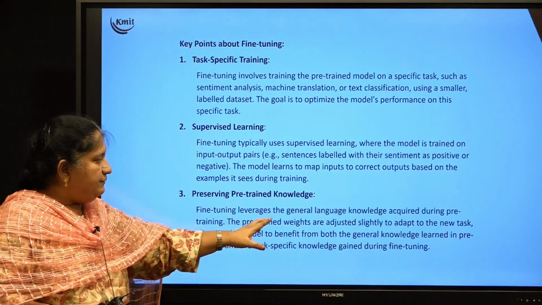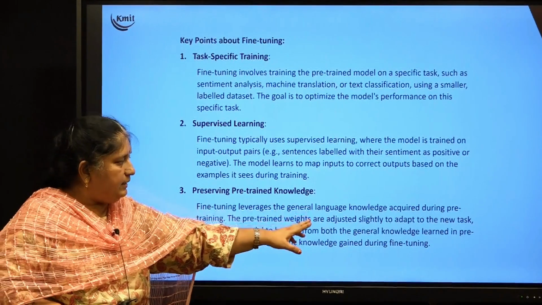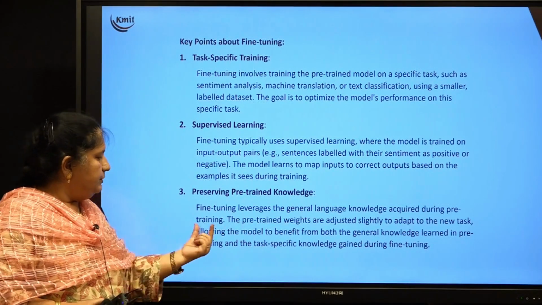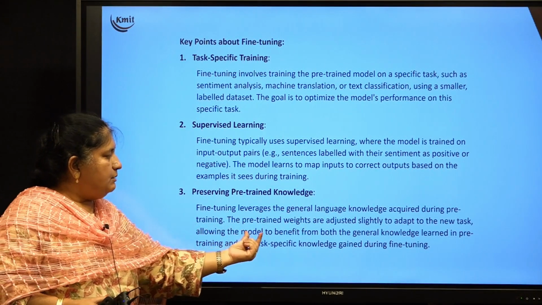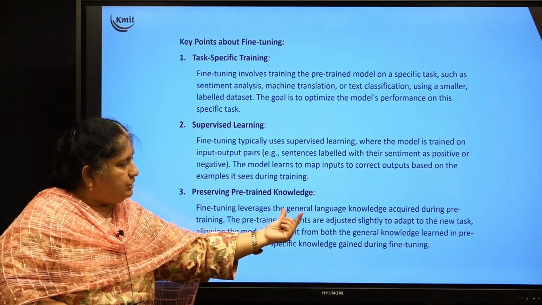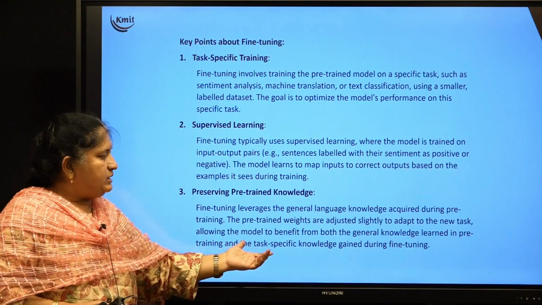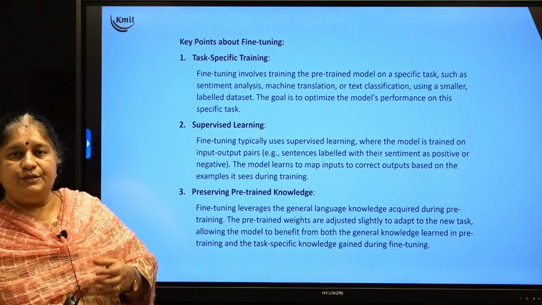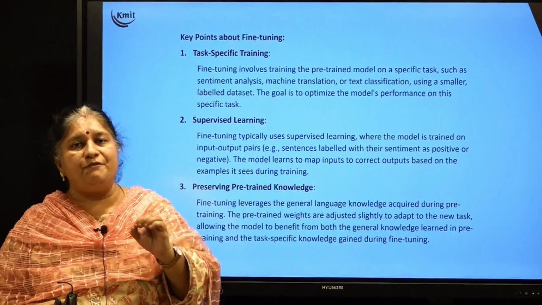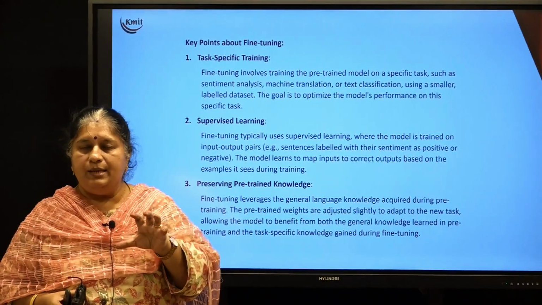The pre-trained weights are adjusted slightly to adapt to the new task, allowing the model to benefit from both the general knowledge it has learnt during pre-training as well as the task-specific knowledge it is trying to gain during the fine-tuning phase. What is the meaning of that?